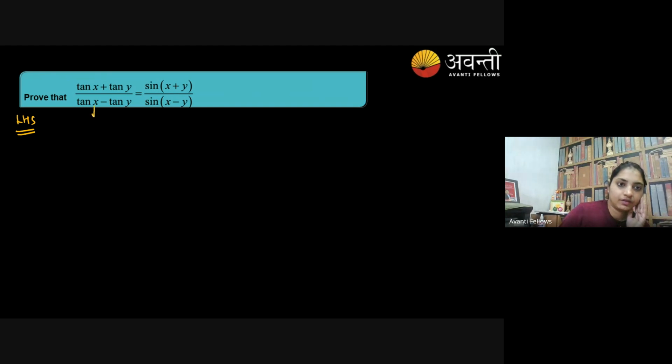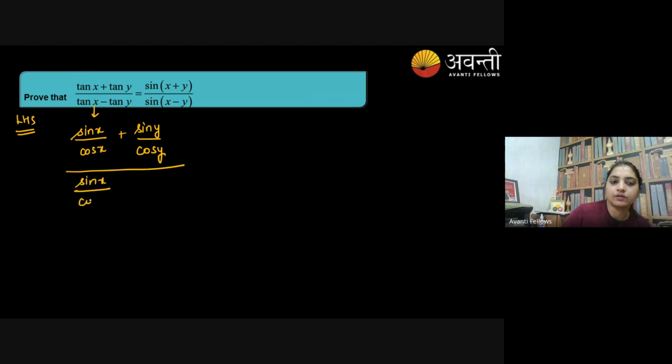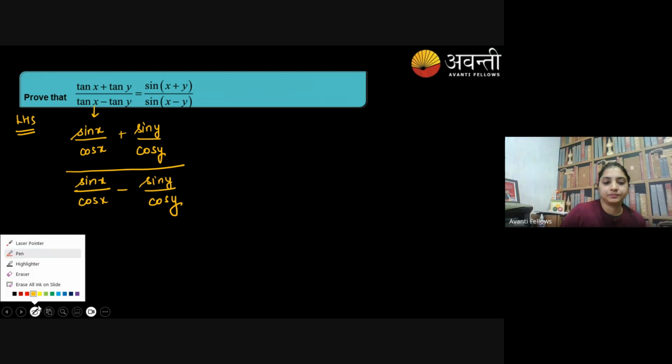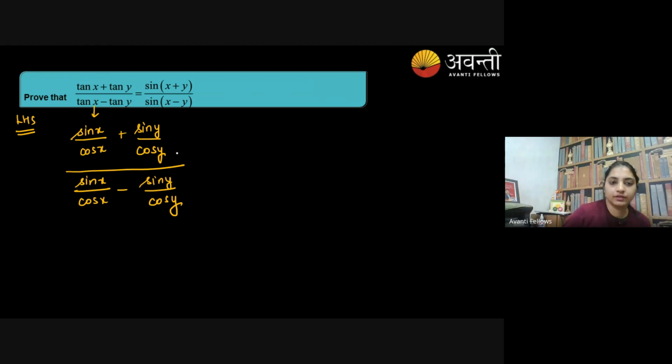No? So, can you write it as sin x upon cos x plus sin y divided by cos y, right? In the same way, the denominator can look like sin x divided by cos x minus sin y divided by cos y. How many of you agree? So just take cos x cos y as the LCM.